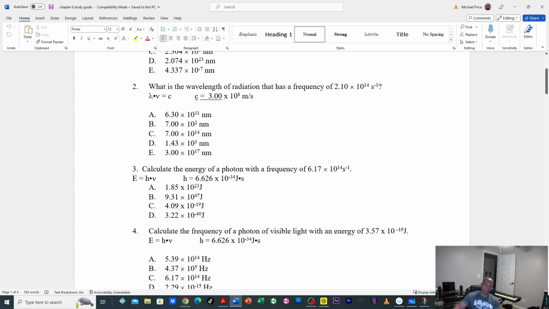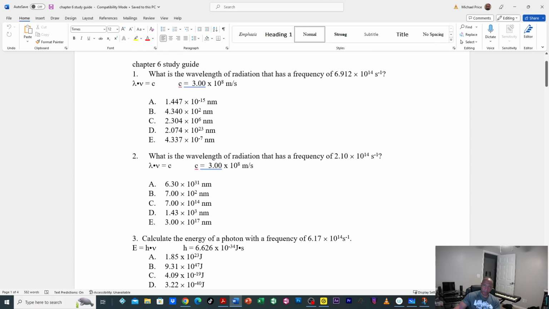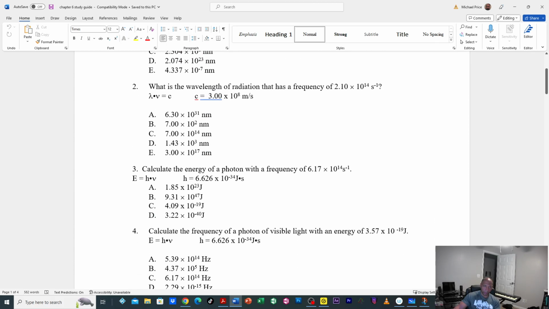Number 3, calculate the energy of a photon with a frequency of 6.17 times 10 to the 14 reciprocal seconds or hertz. Let's go ahead and snip that bad boy.